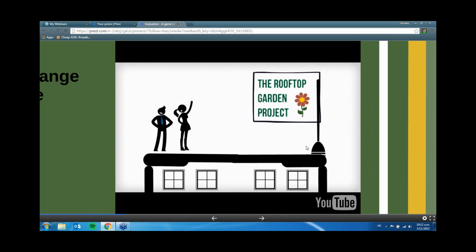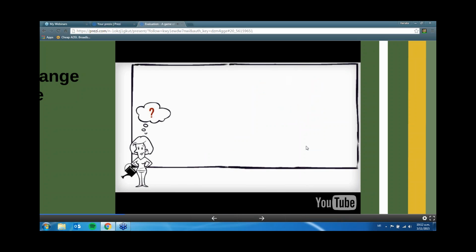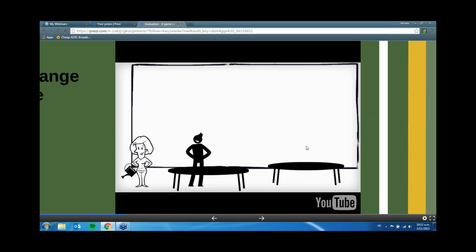If you remember, the Rooftop Garden Project works with people with learning disabilities, providing a space where they learn to garden in groups, giving them a chance to be outside, learn new skills and to socialise. So how should Teresa, the CEO, go about putting her theory of change down? Well, in practice, it's best to do this activity in a group workshop because you need multiple perspectives to get a complete picture.